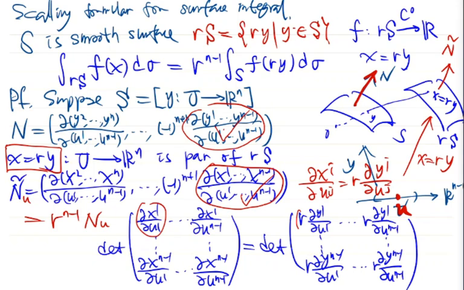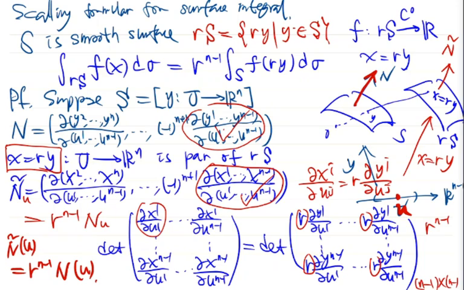So this is an (n-1) by (n-1) determinant. Therefore, we move the r^(n-1) out. This is the last component of n tilde, and the right-hand side is r^(n-1) multiplying the last component of n. So from this, the relation of n tilde and n is that n tilde at the value u is r^(n-1) n evaluated at u. Okay? So this is the relation.